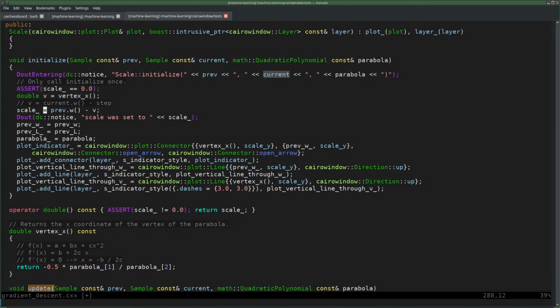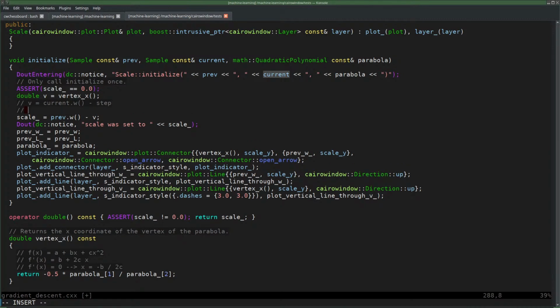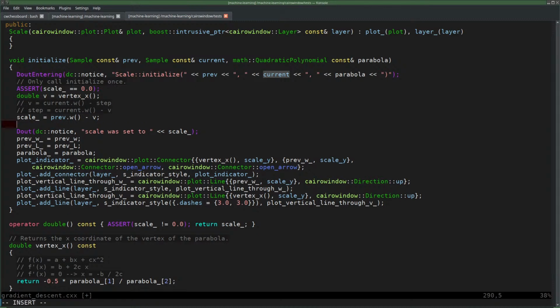Anyway, from this follows that let's use current, because at the moment that is the old definition. So from that follows, of course, that step equals current minus v. So I had it right here, except that I think I want to keep previous, but I'm not sure.